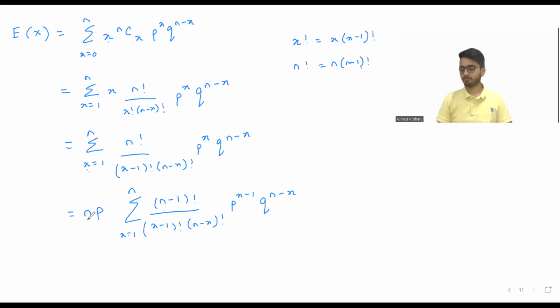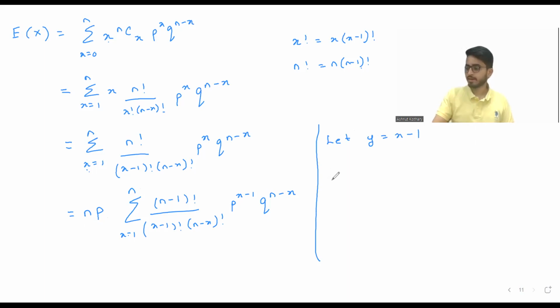We will see why I have taken np outside. Now let y equal to x minus 1. So can I write this summation as np, with x taking values from 1 to n and y being x minus 1? So what possible values can y take? 0 till n minus 1.